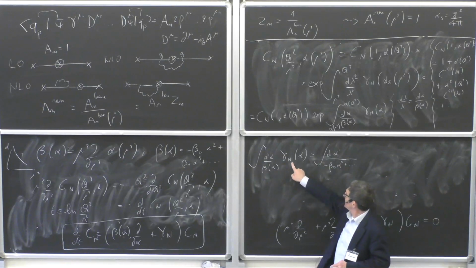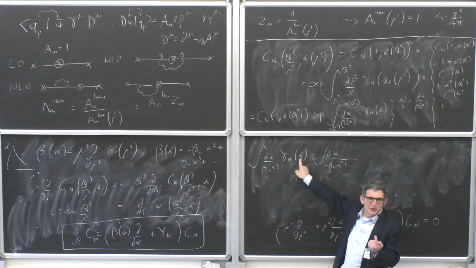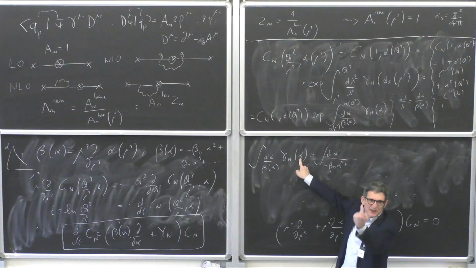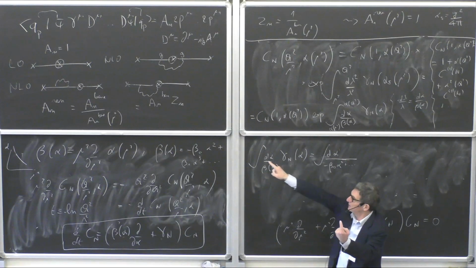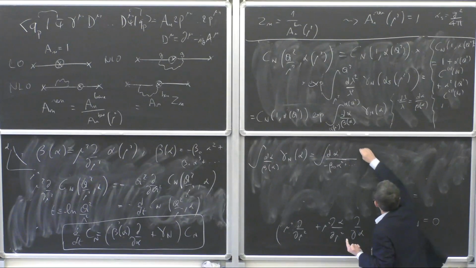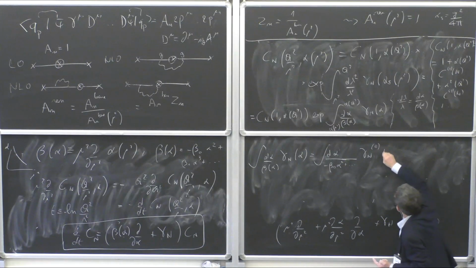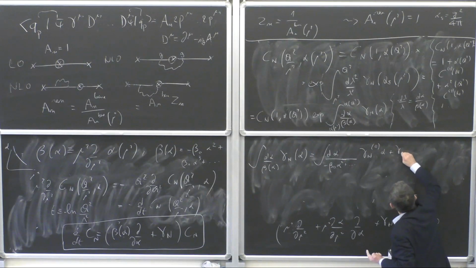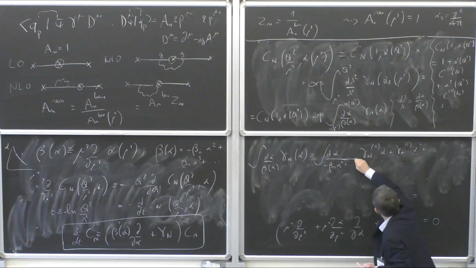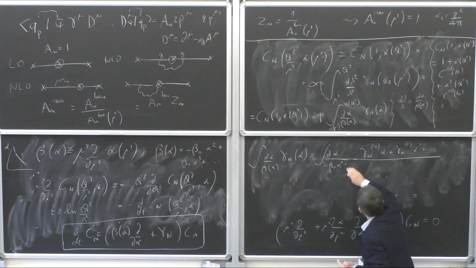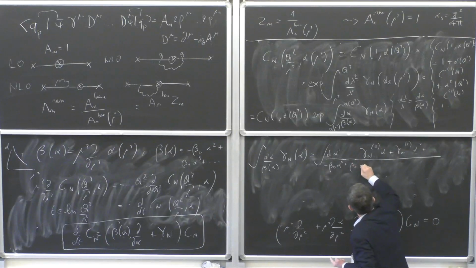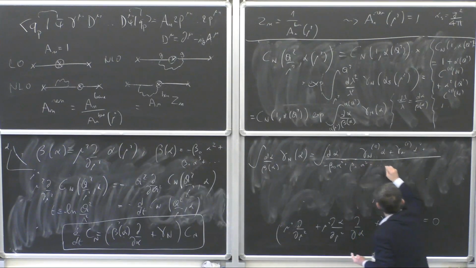And then gamma n is a series that starts with alpha, because the anomalous dimension was non-trivial if I calculated at least at one loop. Remember the diagrams over there. So this is then gamma n 0 times alpha, plus gamma n 1 alpha square, plus dot, dot, dot. I suppose here I could write plus beta 1 alpha cube plus dot, dot, dot.